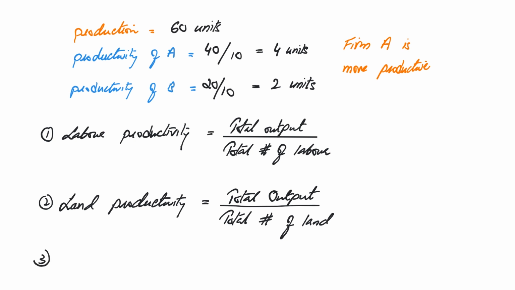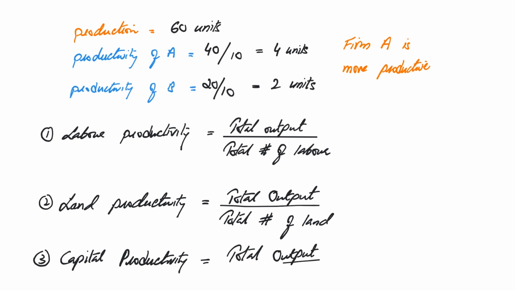Mera teesra resource is machines, capital. I can find out my capital productivity. And for that, I will simply take the total output that I have produced and I'll divide it by the total number of capital.